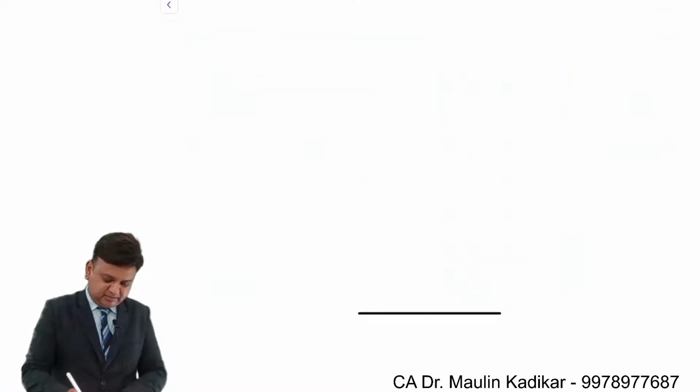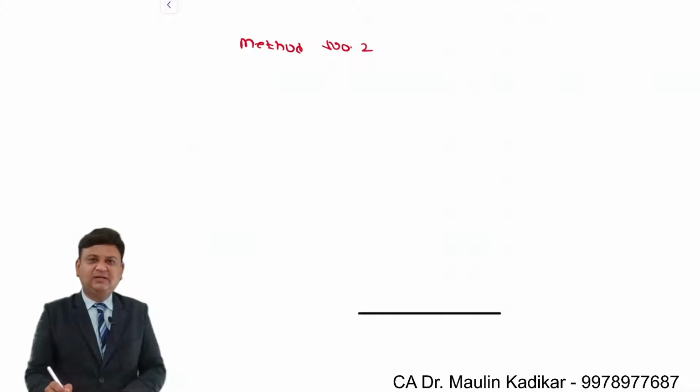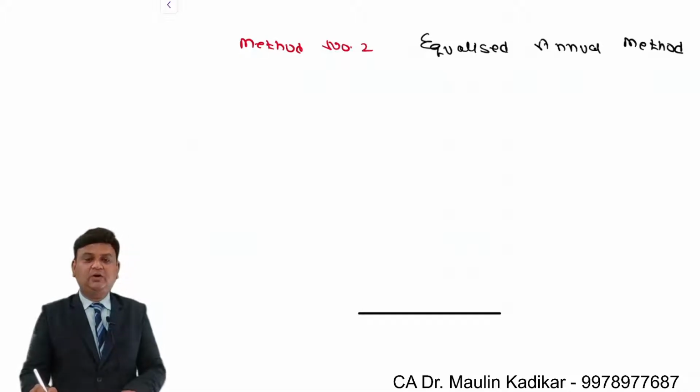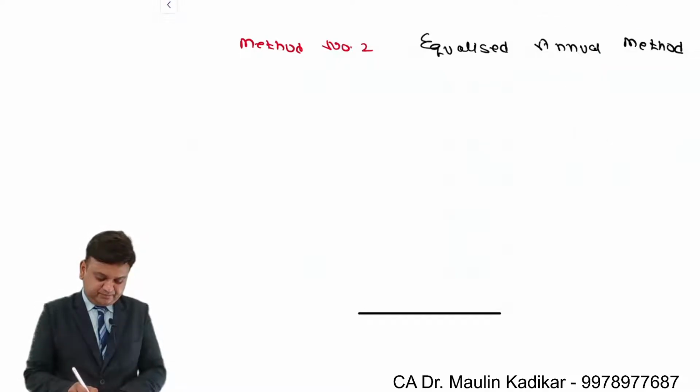Write the heading method number 2. Method number 2 is given a technical name as Equalised annual method. Let us understand how to apply the equalized annual method for decision making.